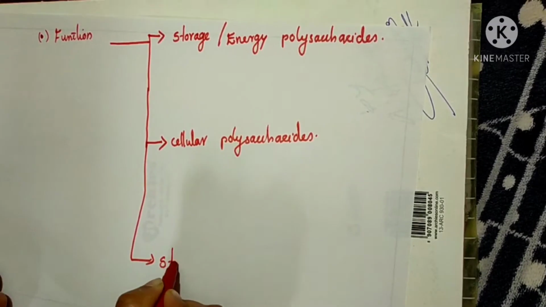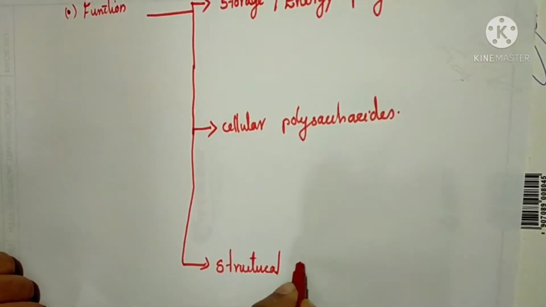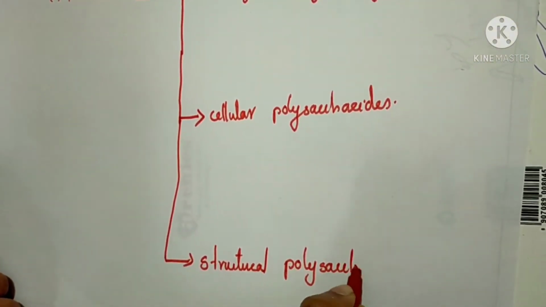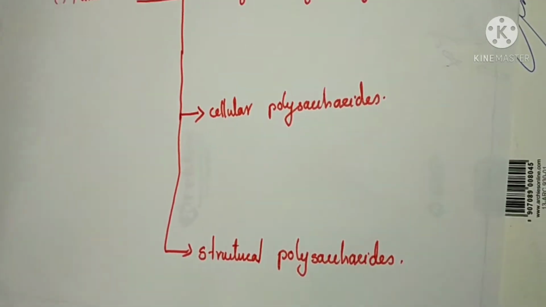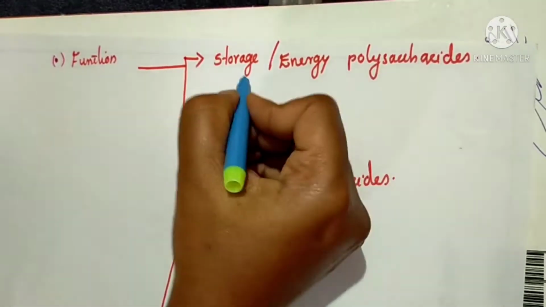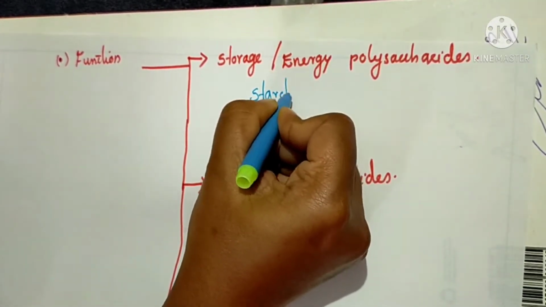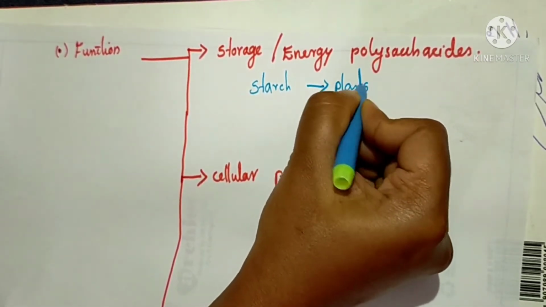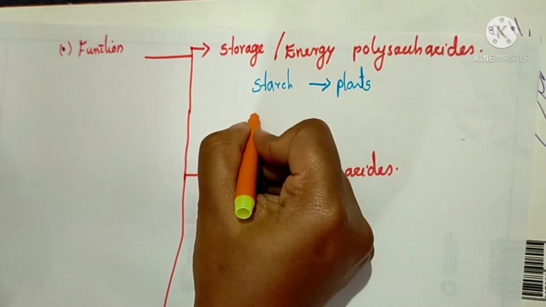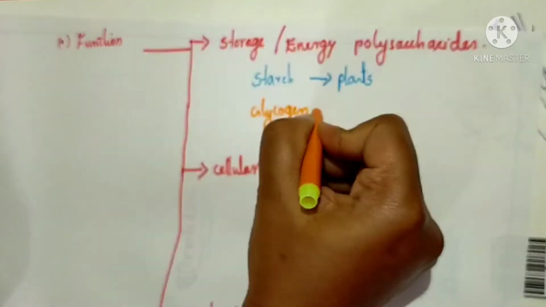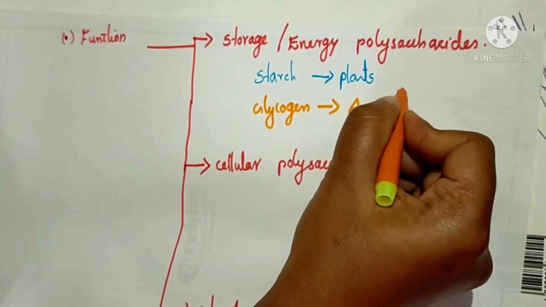The third category is structural polysaccharides. Storage polysaccharides include starch in plants and glycogen in animals.